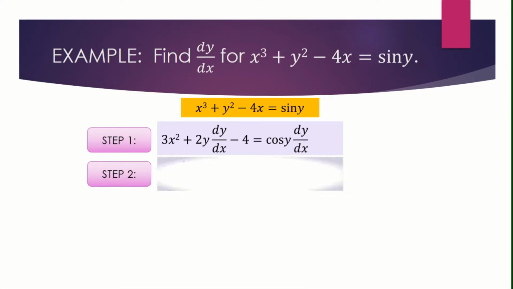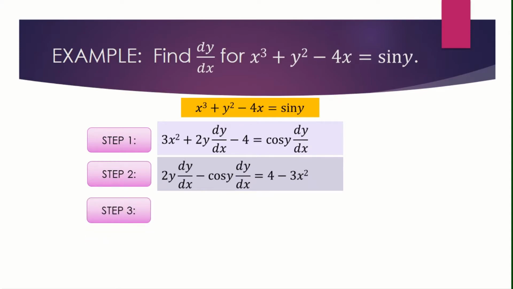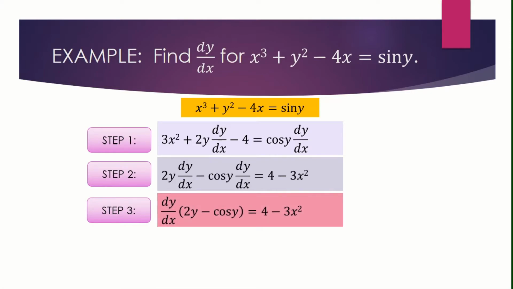Thus, we get 2y dy/dx minus cos y dy/dx equals 4 minus 3x squared. In step 3, we take out the factor of dy/dx, and thus we get dy/dx times (2y minus cos y) equals 4 minus 3x squared.